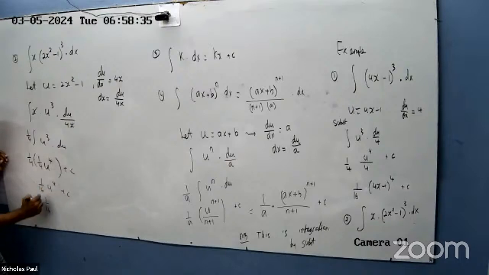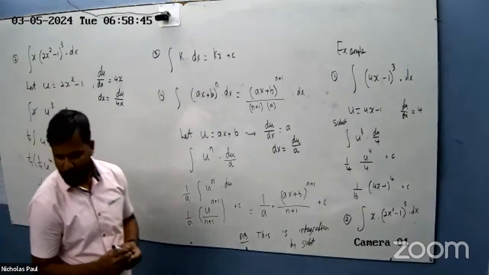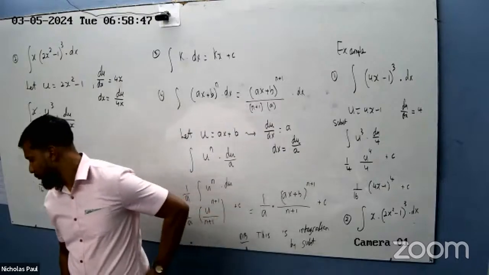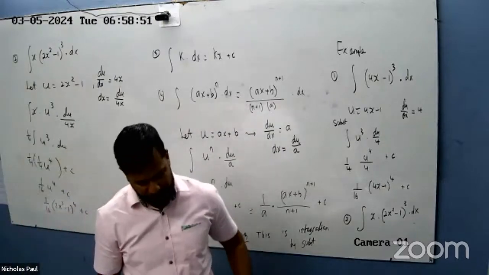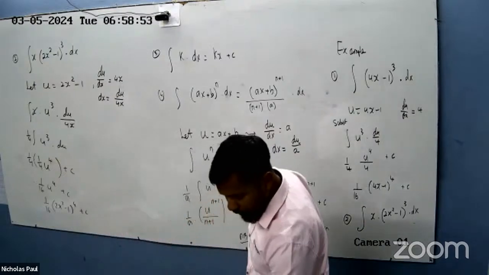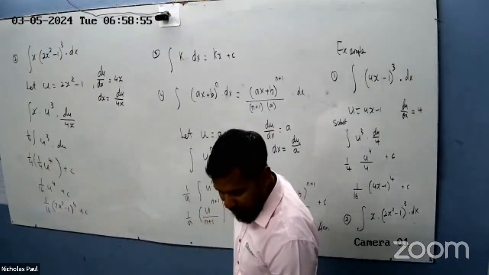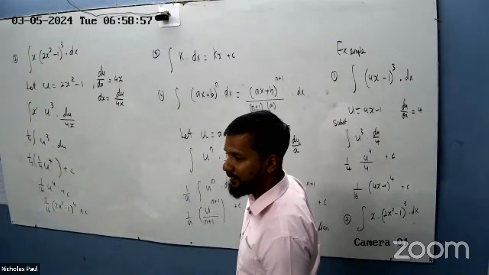This is 1 on 16, 2x squared minus 1 to the 4th plus c. All right, so that's the principle behind integration by substitution.